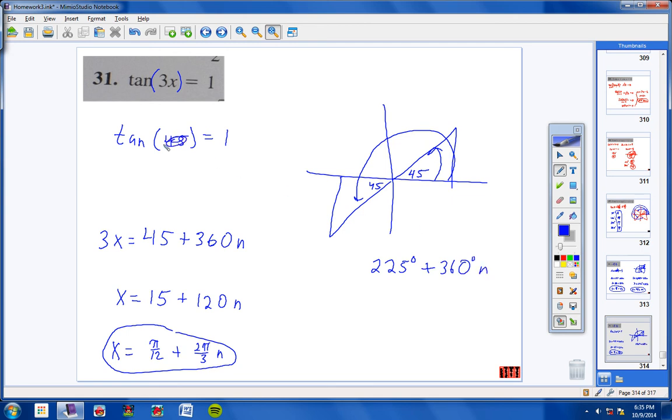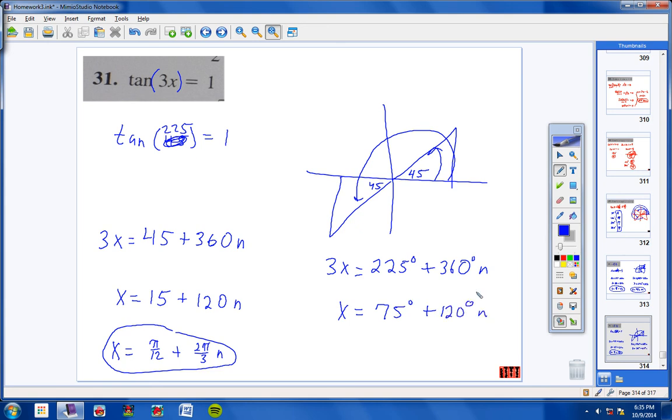Now that goes right here. So we're saying the tangent of 225 equals 1, which it does. If you want to try that and type it into your calculator, you will see the tangent of 225 does equal 1. Now, this is the whole angle here, 225, and this is the whole angle up here, 3x. So really 3x equals all of this. We're going to divide everything by 3 to find out what x truly equals. And x equals 75 degrees plus 120 degrees n, okay?